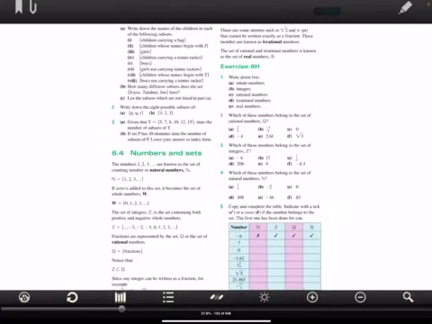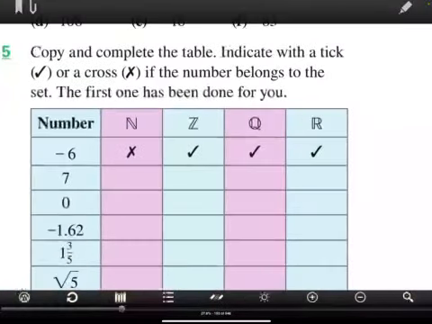So if you look at this exercise, -6 does not belong in the natural number system, because the natural number system does not have negative numbers. But does that mean real number and irrational number are the same?